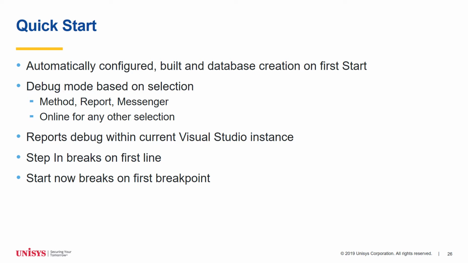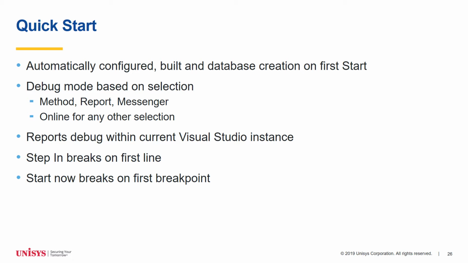When you do start, everything is automatically configured by default. The initial build is done, databases are created, and then the system will start. Obviously, after your first start, these things can be configured. To choose the mode of debugging, you select the object that you want to debug.